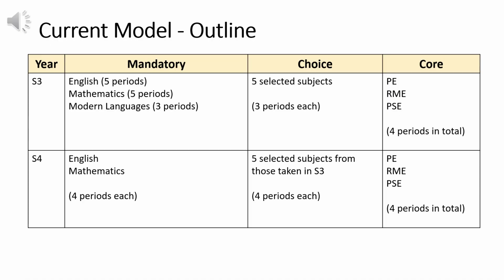Moving into S4, English and Maths remain mandatory subjects, and a young person continues to carry on with 5 of the subjects they have studied in S3, meaning they have a total of 7 subjects to study in S4. You can also see on the table the periods allocated to each of these subjects within the current model.